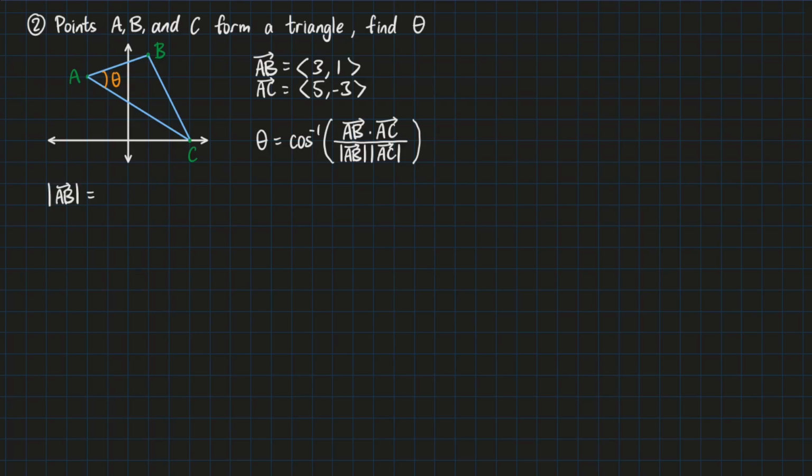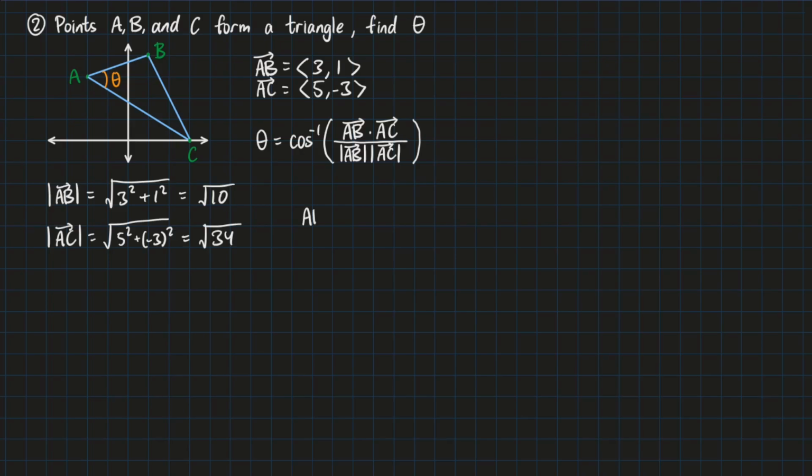The magnitude of vector AB is the square root of 3 squared plus 1 squared. This is radical 10. The magnitude of vector AC equals the square root of 5 squared plus negative 3 squared. This is radical 34.